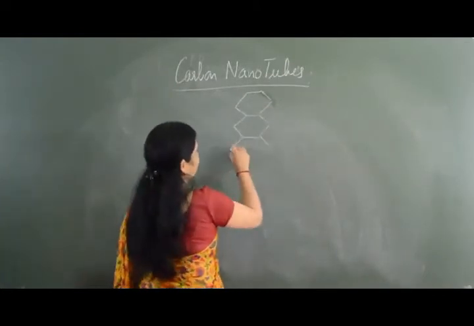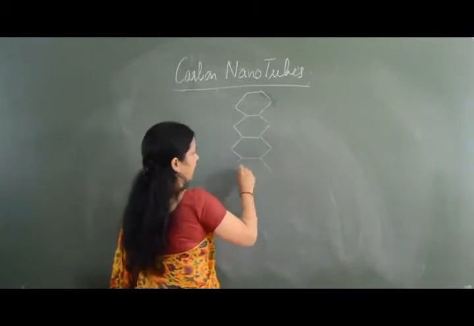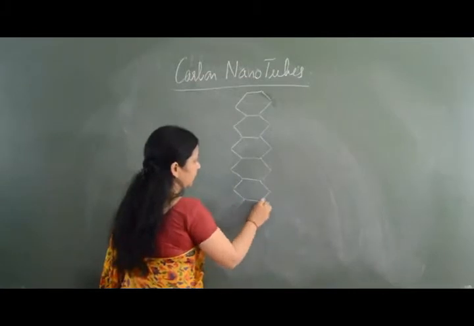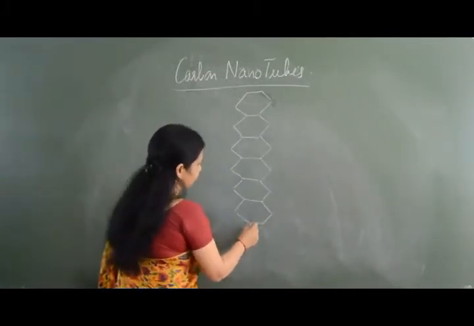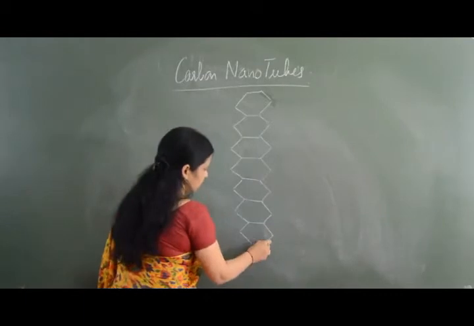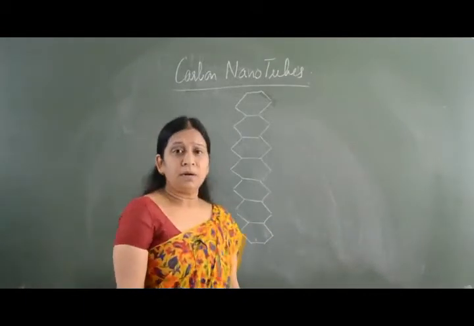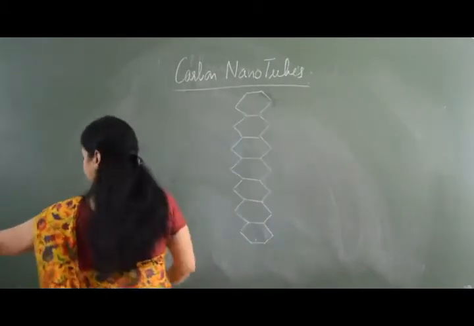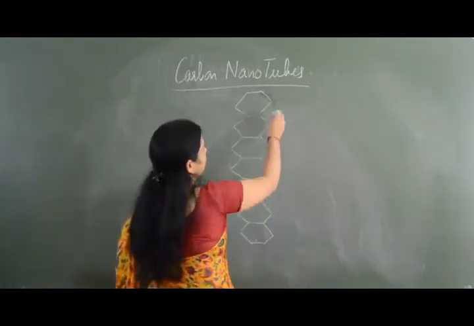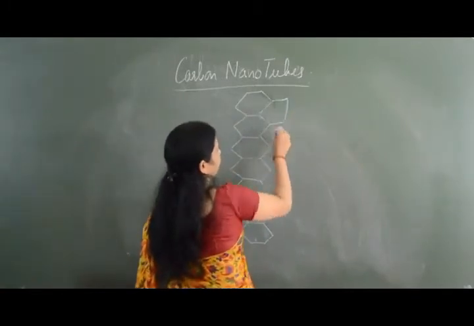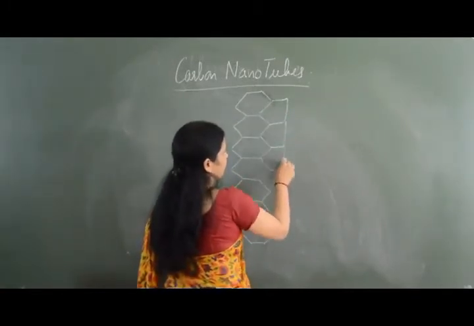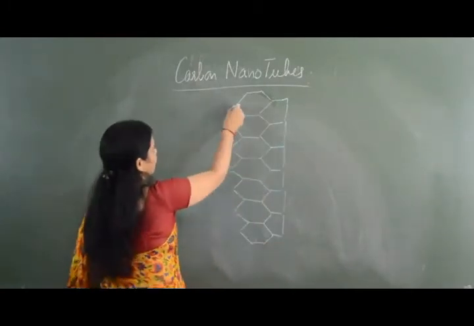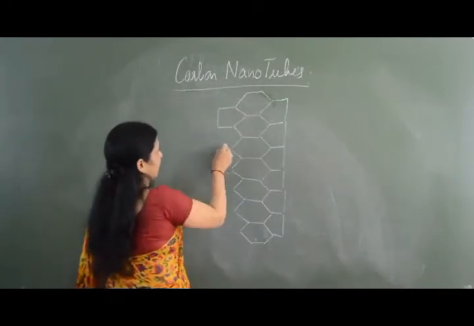These are all hexagons, and hexagons are going to form the central part of this carbon nanotube, and at the corners we have pentagons. This is how we are going to draw a carbon nanotube.